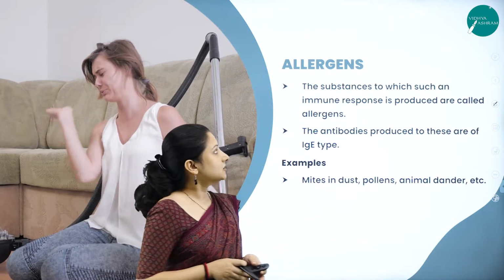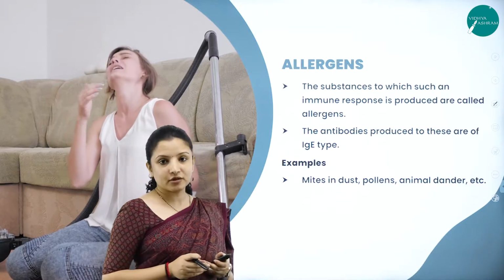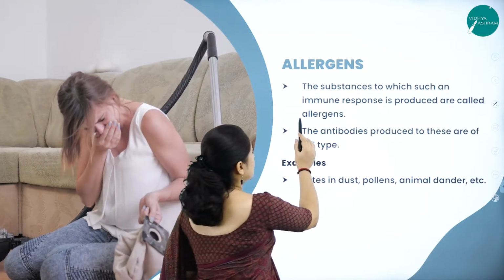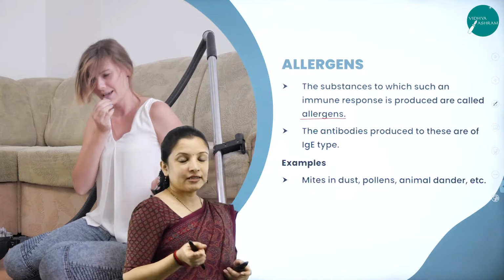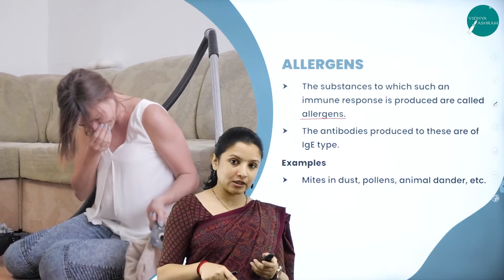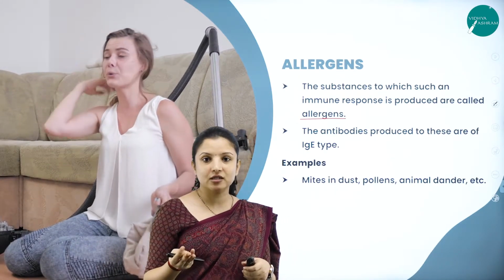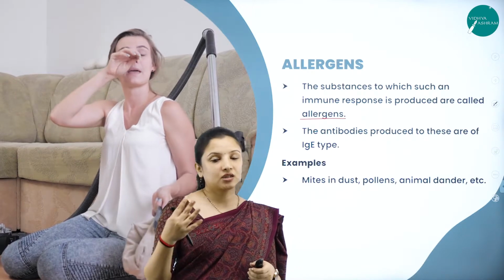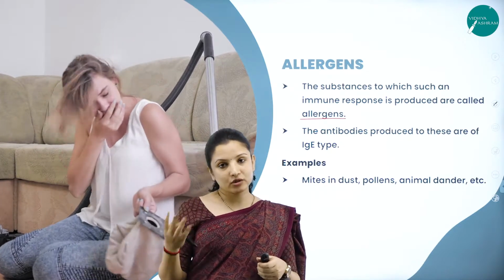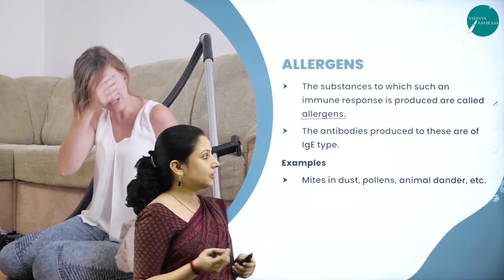The substances to which an immune response is produced are called allergens. So allergens are the ones that cause allergies. What are the different types of allergens? Dust, certain chemicals, and pollen grains are all different allergens.